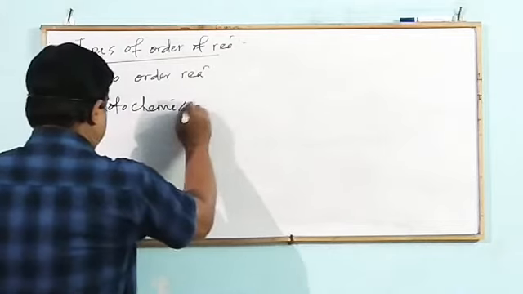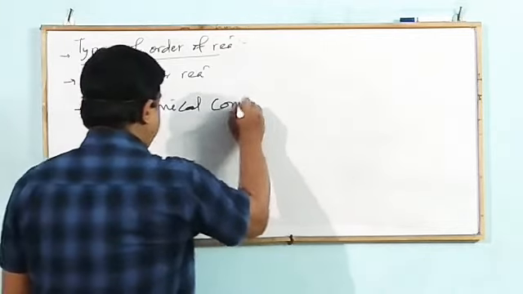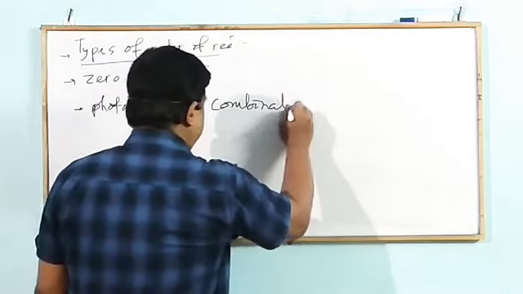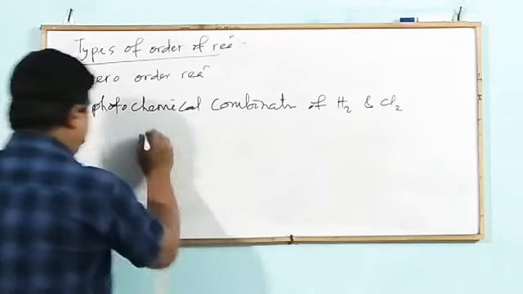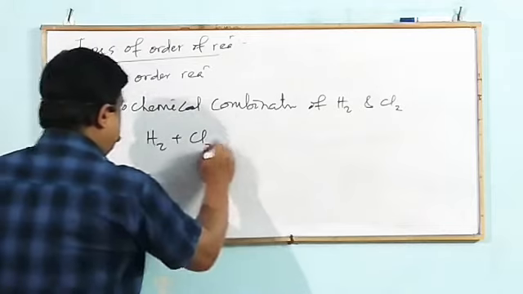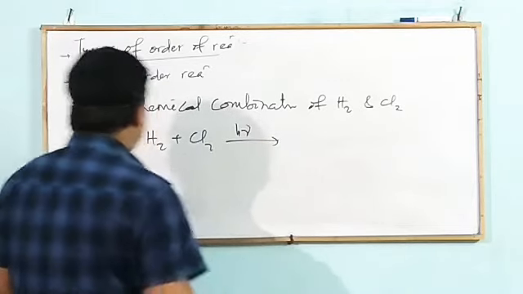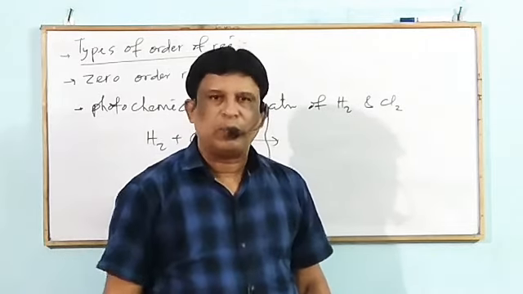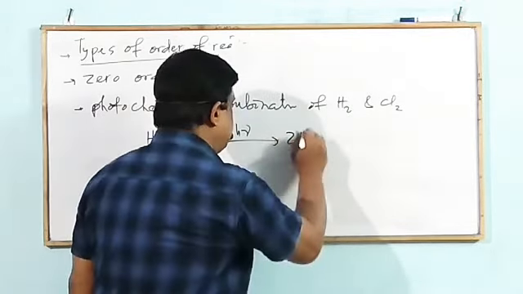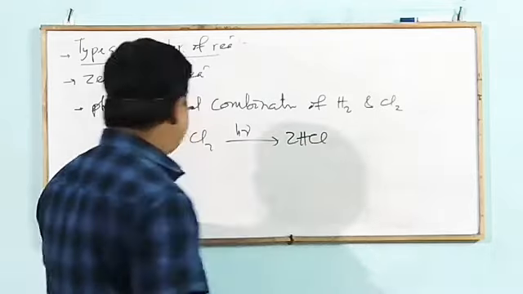Photochemical combination of H2 and Cl2 in presence of sunlight over the surface of water gives 2HCl. It is an example of zero order.